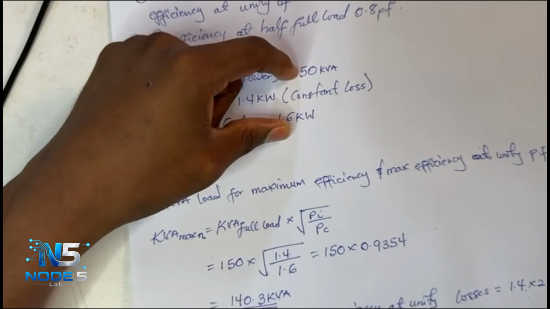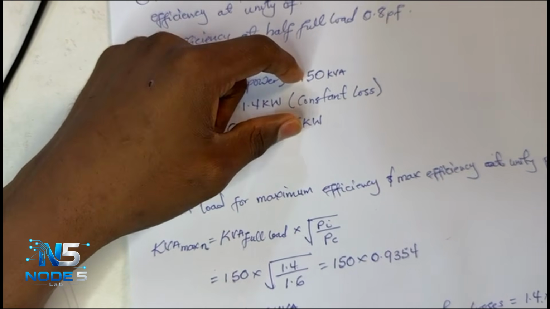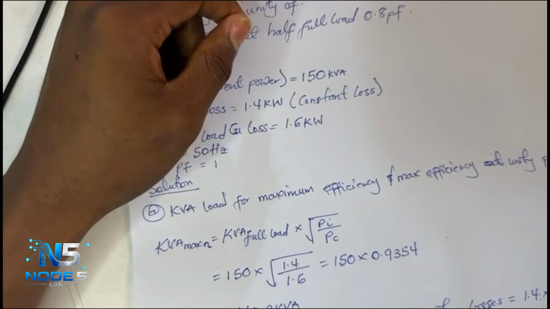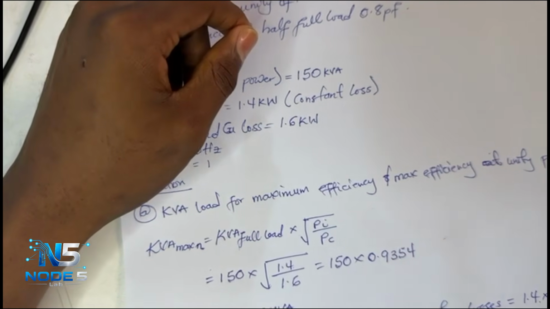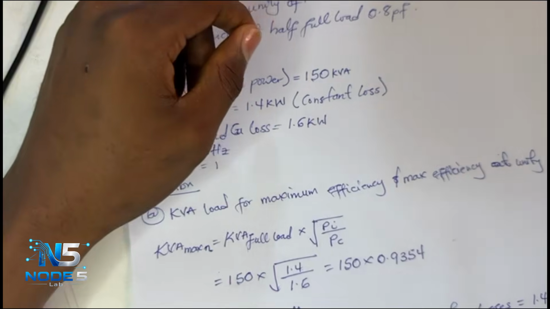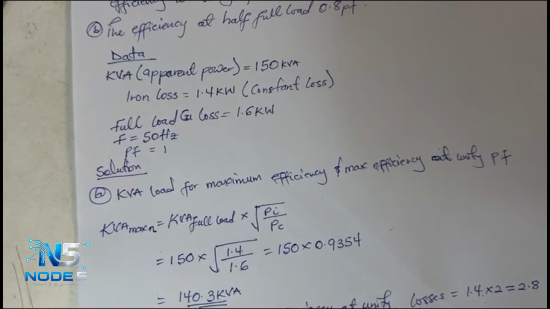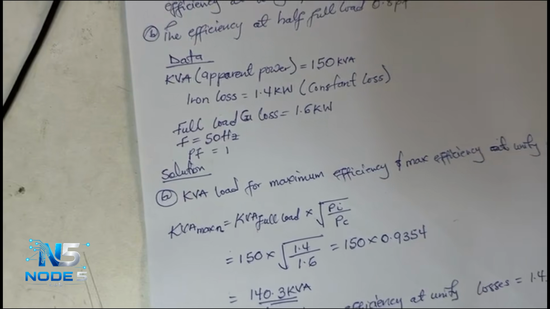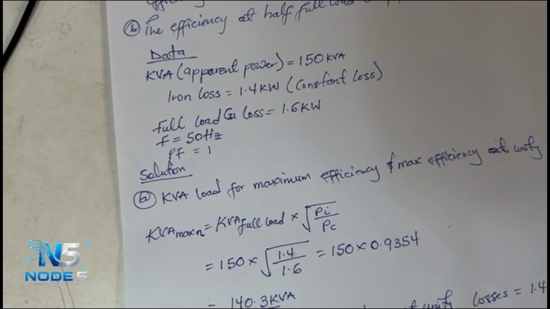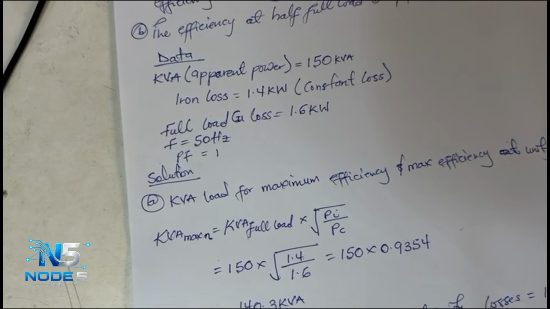That will give us the maximum efficiency when the power factor is 1, that's 98.04%. That is the maximum efficiency when the power factor is at unity.